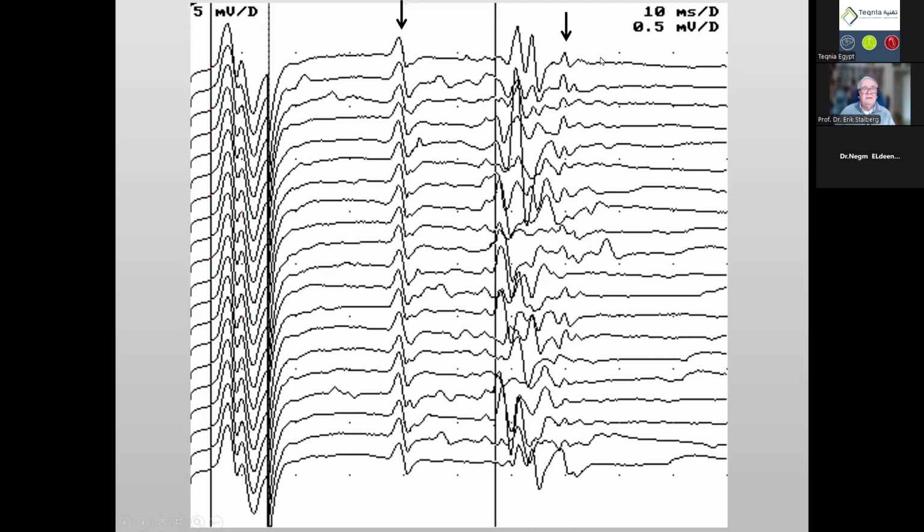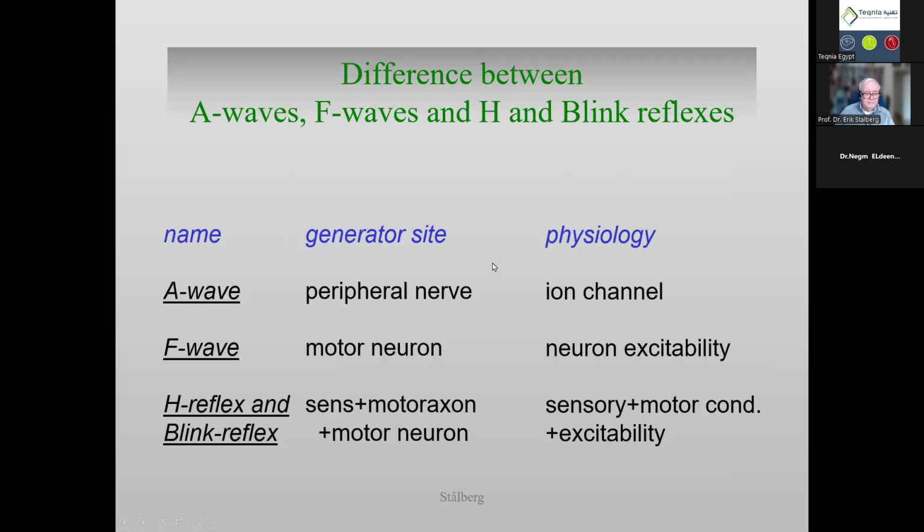Yes, if the A wave is due to an abnormal axon, it can easily conduct more slowly than normal, and therefore they occur later. The A waves, they are from the peripheral nerve.